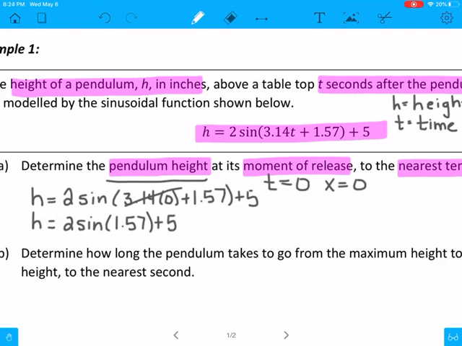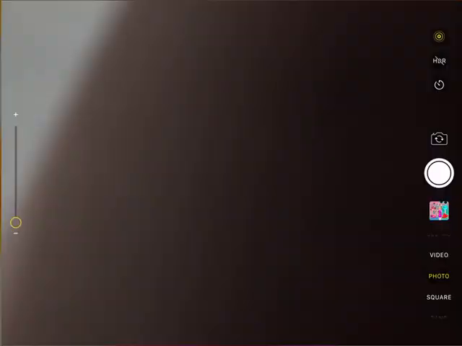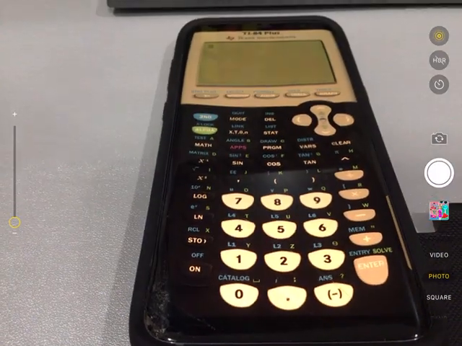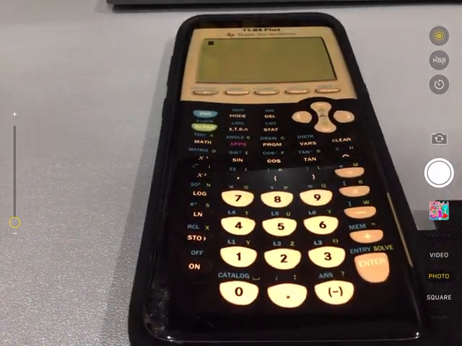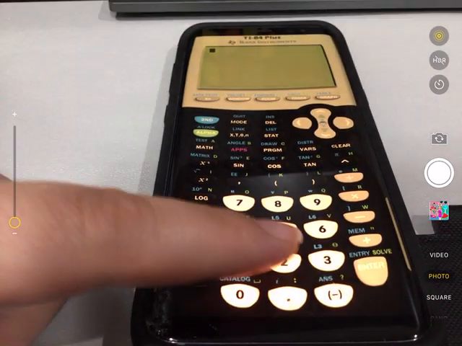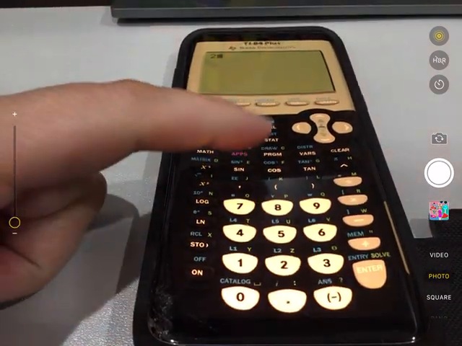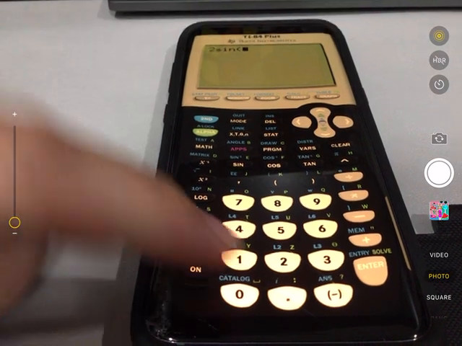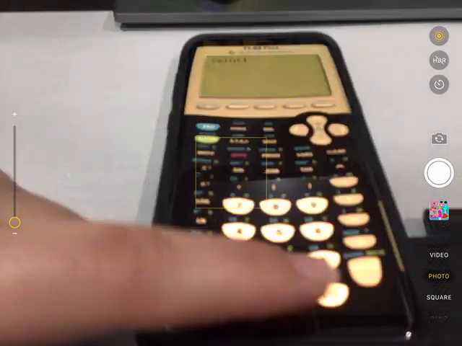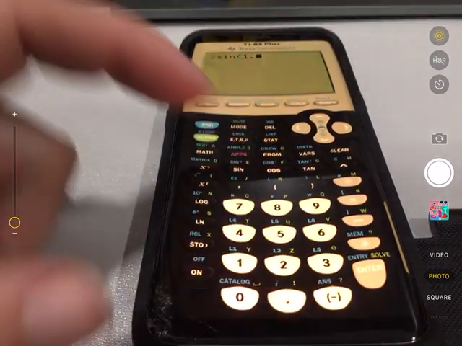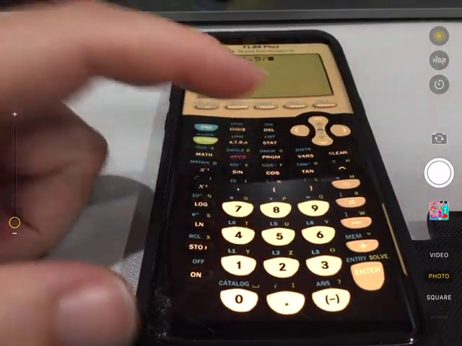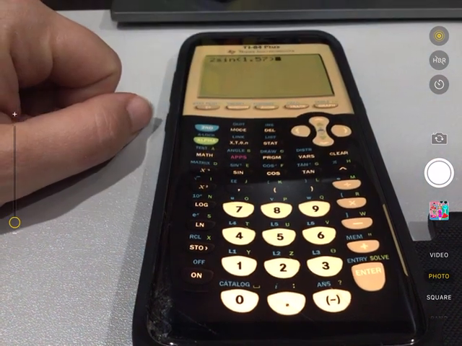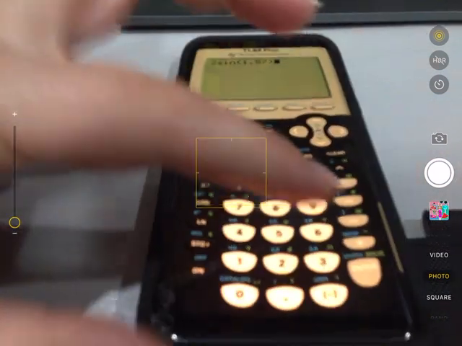Now, I cannot do that in my head, and neither can you. So if we just have something missing like that, we can type it into our main screen. So we're going to type in 2 sine 1.57, close bracket, plus 5.